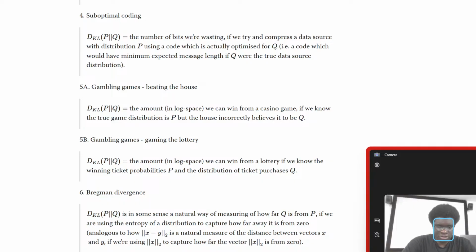The KL divergence is in some way a natural way of measuring how far Q is from P, if we're using the entropy of the distribution to capture how far away it is from 0.